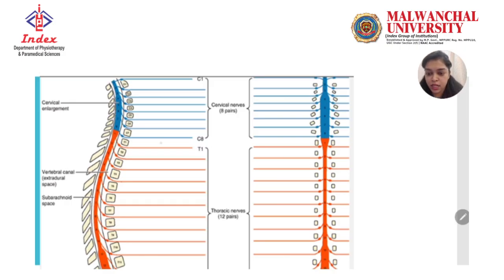In this diagram it can be shown that one is arising from above the C1 vertebra and one is arising from below the C7 vertebra. So here is 1, 2, 3, 4, 5, 6, 7, 8. That's why we have 8 pairs of cervical nerves.